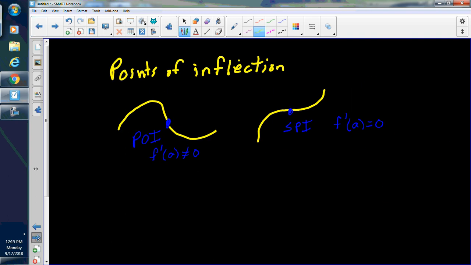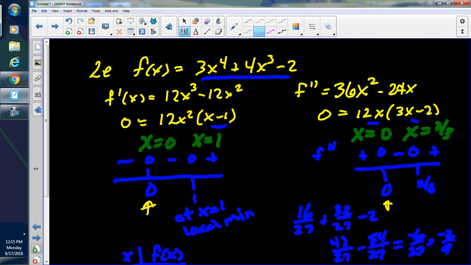Now where is it increasing, where is it decreasing? It's increasing when f prime is bigger than 0. So we look at that. That is from 1 to infinity.